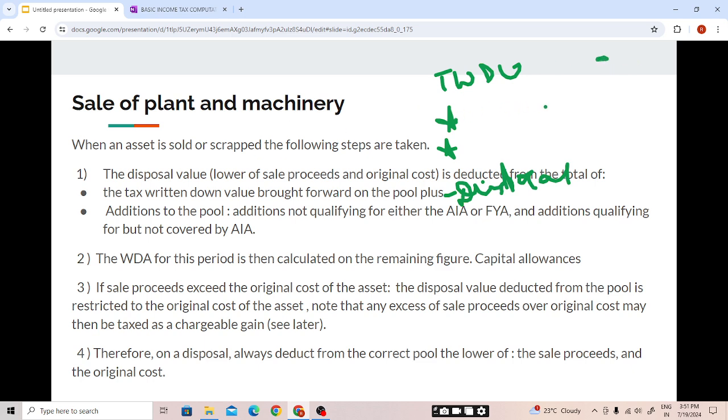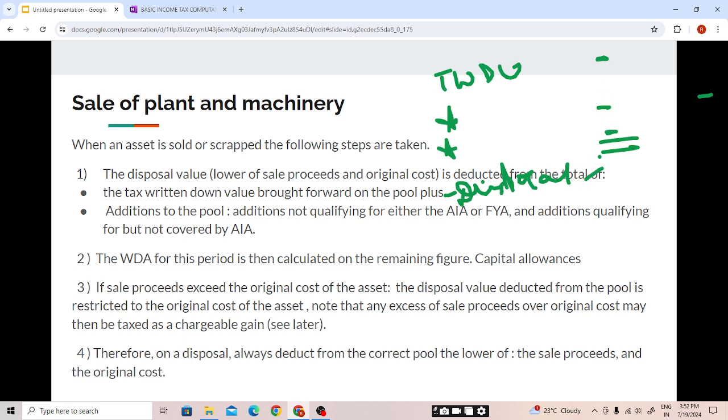Additions qualifying for AIA will directly go to allowance, and additions which qualify for AIA but are in excess of the limit will be shifted to the pool. Additions not qualifying for AIA will be in the pool, either the main pool or the special rate pool. After this we will get the total.